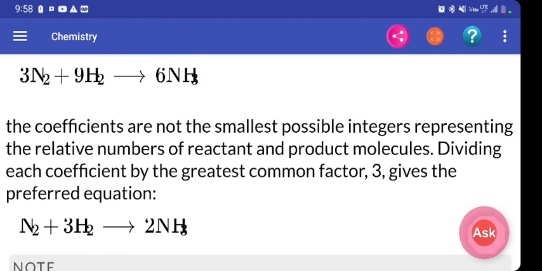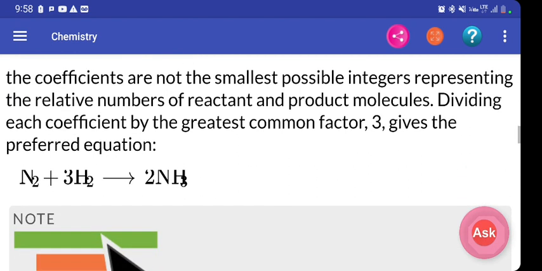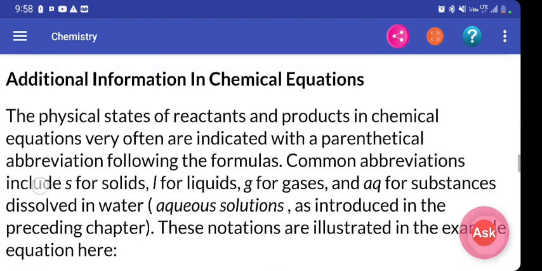The coefficients are not the smallest possible integers representing the relative numbers of reactant and product molecules. Dividing each coefficient by the greatest common factor, 3, gives the preferred equation: N2 + 3H2 → 2NH3.